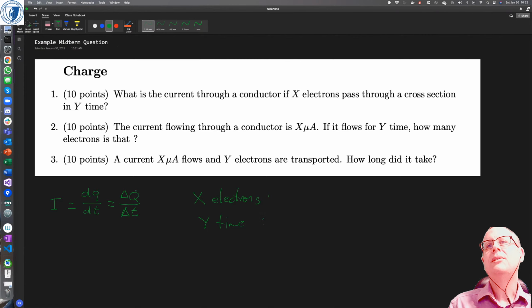The trouble is this charge needs to be in coulombs, right? So I need to convert that, and as we had, it's 6.24 by 10 to the 18 X coulombs. And then we can say that I equals 6.24 by 10 to the 18 X divided by Y, provided Y is in seconds.